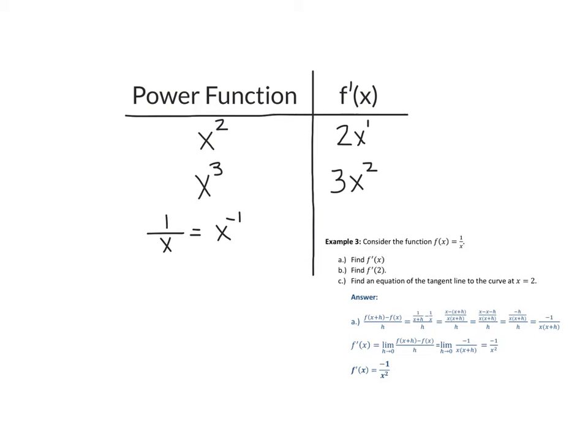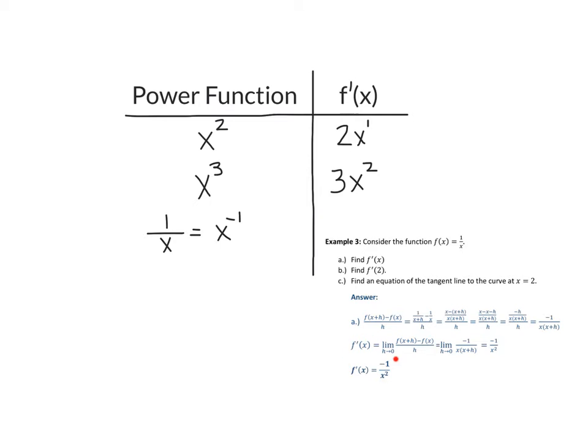So now let's review what the derivative of the power function x to the negative 1 looks like. When we found that derivative using the limit definition, we first calculated the difference quotient, plugging x plus h into the function, and then subtracting off f of x, and then dividing by h. We had to find a common denominator to simplify that numerator. And then once we got done simplifying, we found that the difference quotient was negative 1 over x times x plus h.